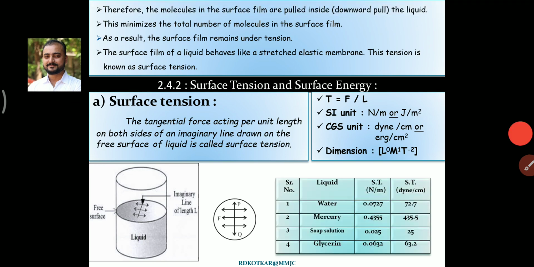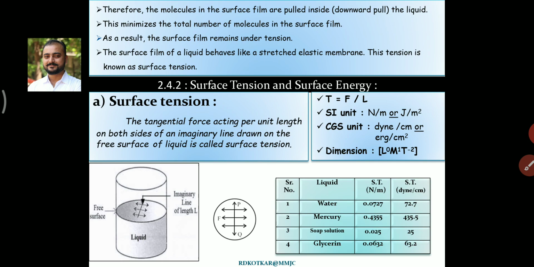Then we can observe this chart. From this chart, different types of liquids are given, with their surface tensions in Newton per meter and in dyne per centimeter. Simply, you have to observe the numbers. Water has 0.0727 in Newton per meter, and in dyne per centimeter it is 72.7.